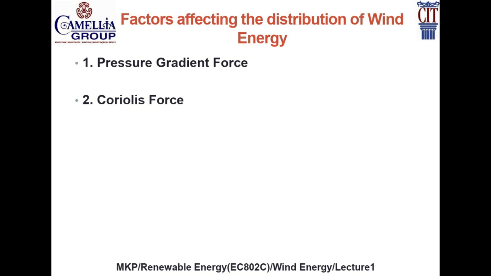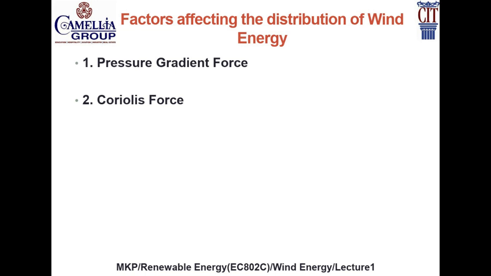Due to this effect, winds in the northern hemisphere get deflected to the right of their path, and those in the southern hemisphere to their left, following Ferrel's law. The Coriolis force changes wind direction but not its speed.